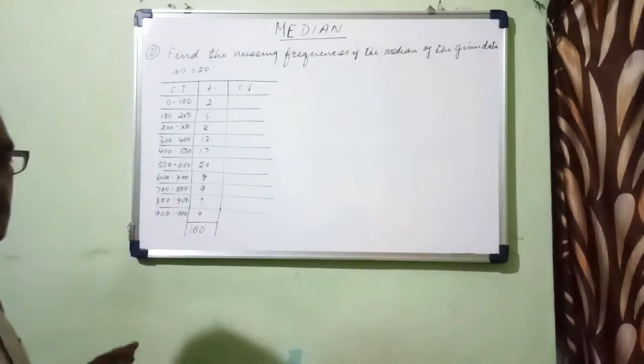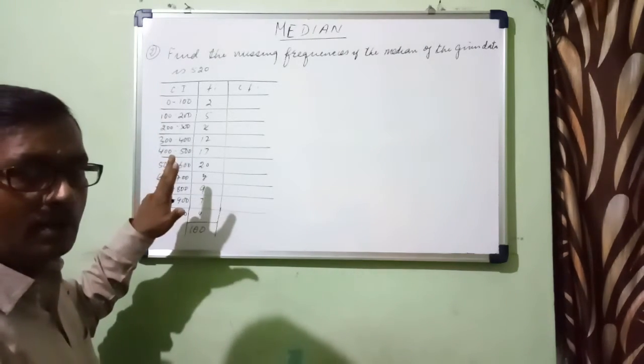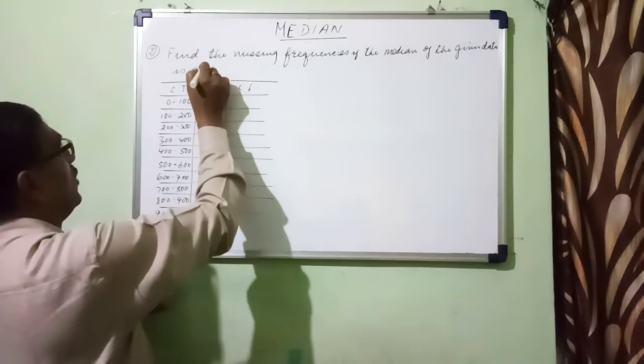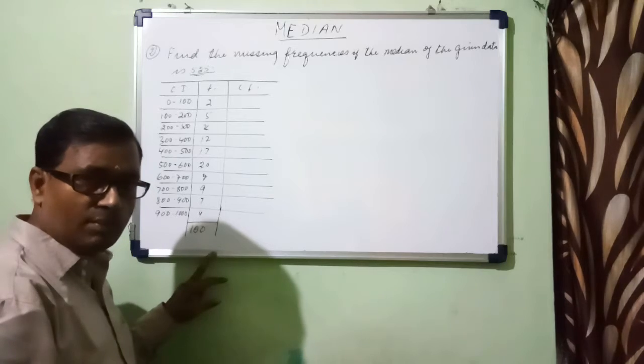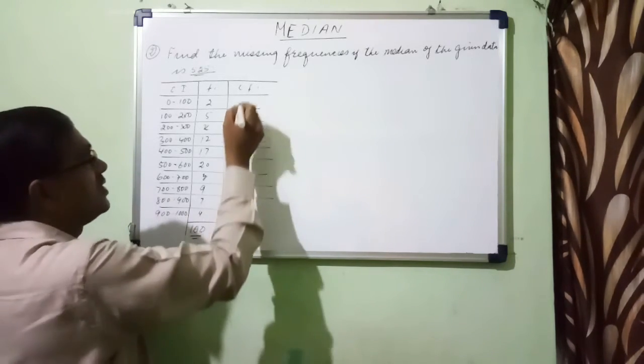Now it is the same question, no difference, but a little bit lengthier. Doesn't matter, you have to look at the median 525, the frequencies, and the total frequency given. Find the CF.